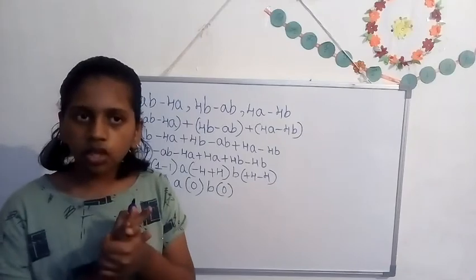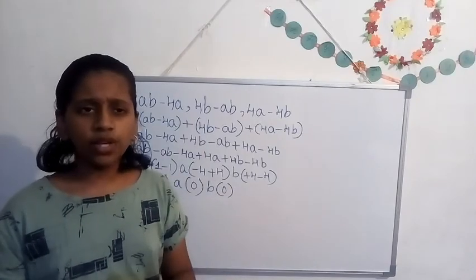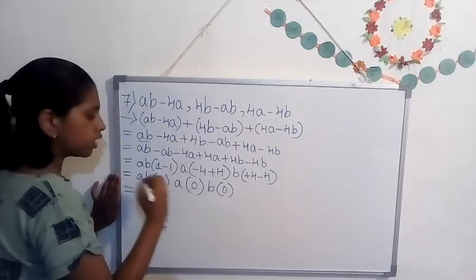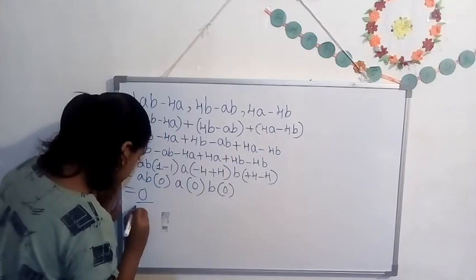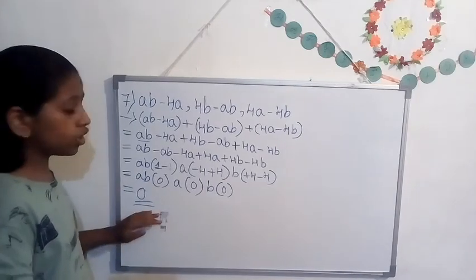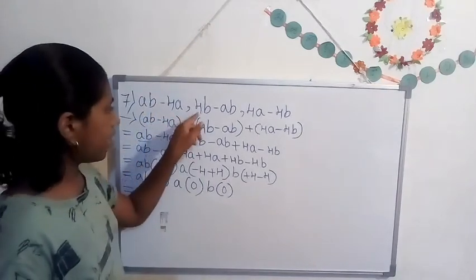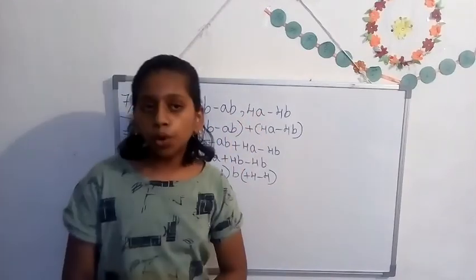It should be 0 only. Everything is multiplied by 0. So, A into 0, 0 and B into 0, 0. The last answer is 0. So, 0 is the answer for the question AB minus 4A and 4B minus AB and 4A minus 4B.